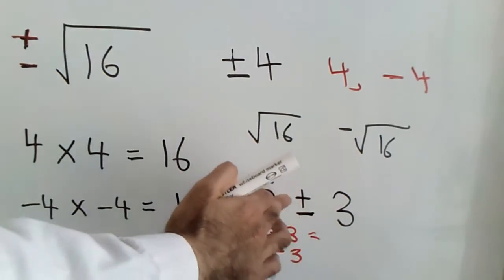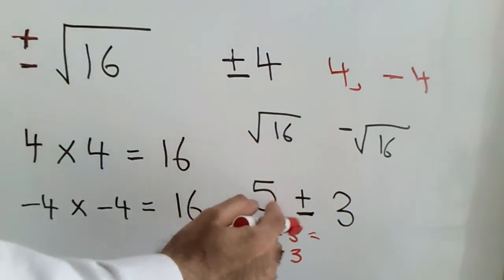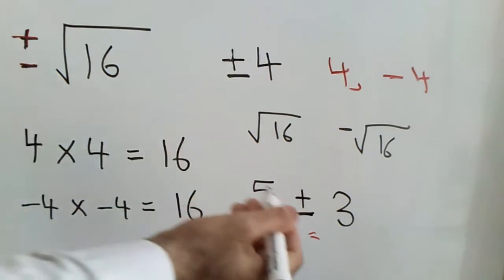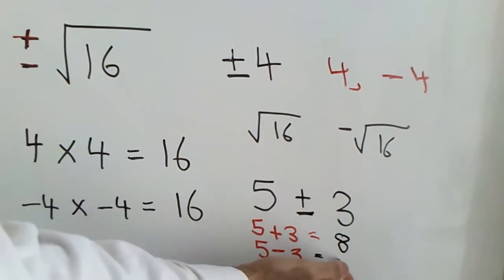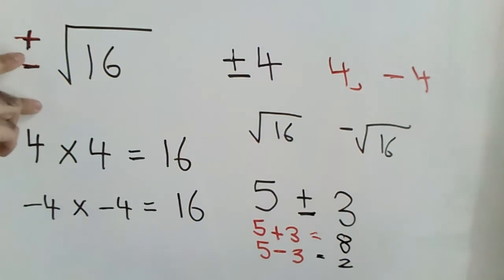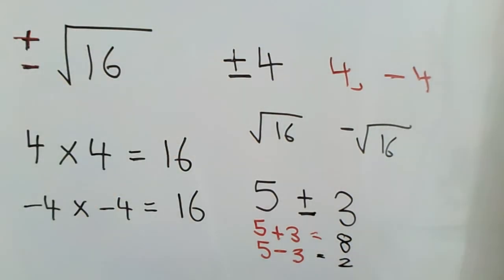So the answer could be 8, or the answer could be 2. So that's when we see this positive and negative notation. It's basically saying there are two answers.